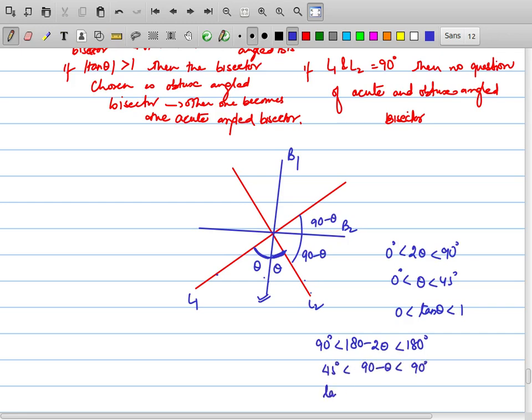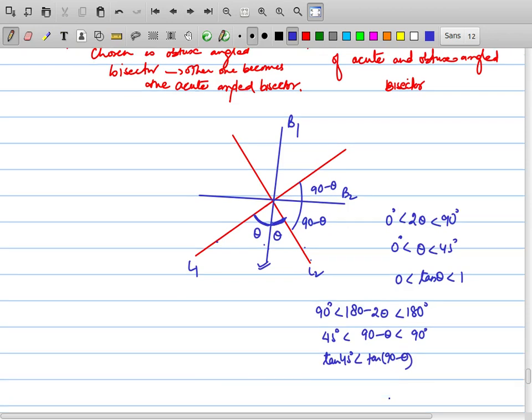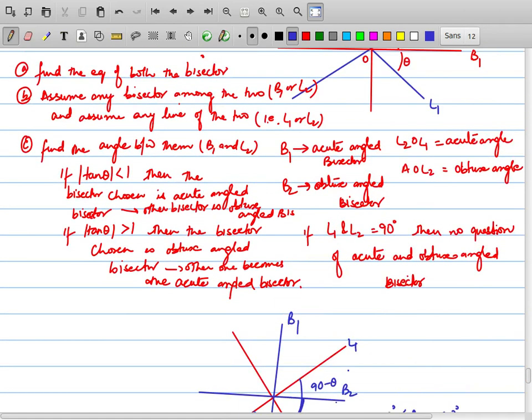Now tan 45 is less than tan of 90 minus theta. 90 minus theta is the angle between the bisector and the line L2 or L1, whichever you might take. And what is tan 45? 1. Therefore tan of 90 minus theta, which is the angle between the bisector and the line, should come out to be greater than 1. And this is what we had done when we explained this.